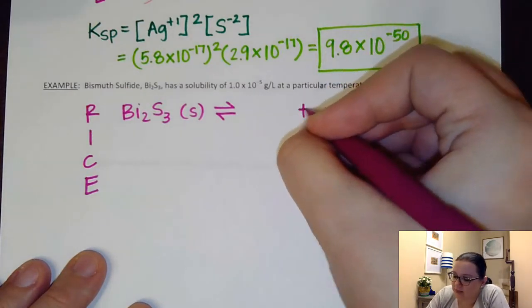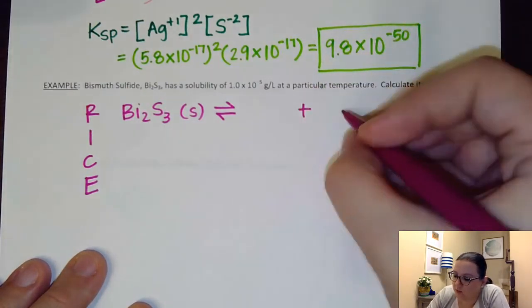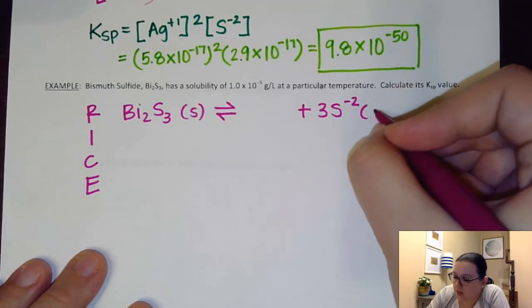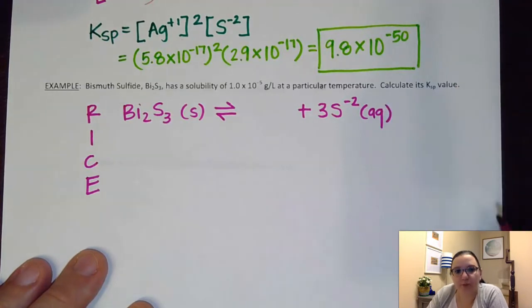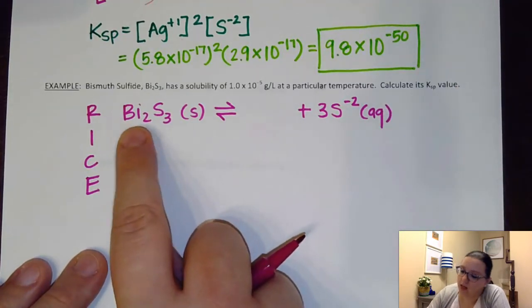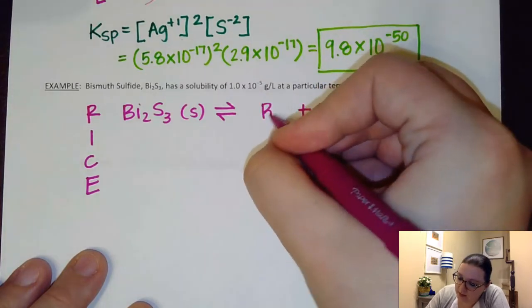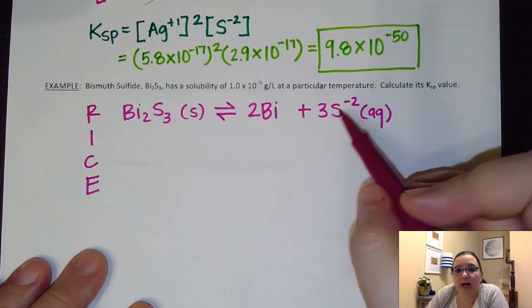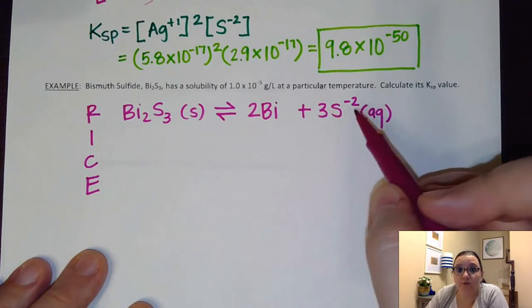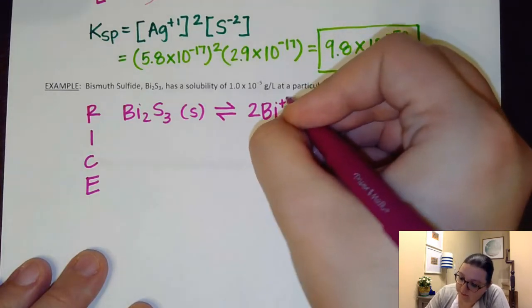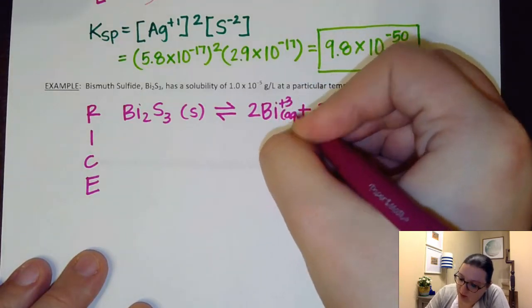If I think about this, we just said that sulfur a minute ago was a -2, and there's 3 of those ions in play here. So if I want to figure out what charge the bismuth is going to be, I know that there's going to be 2 of those bismuths that are going to need to balance out the 3 -2s from the sulfur. So the only thing that bismuth could be here is +3. And it too would be aqueous.